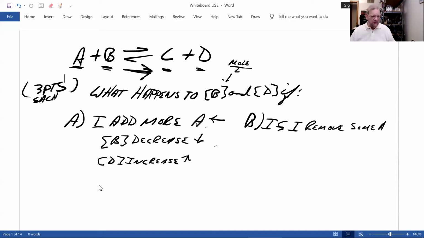And the question is, what happens to the concentration of B and D if I remove some A? And we can do that in chemical reactions, either side, add or remove things. So at equilibrium, let me clean this up first.